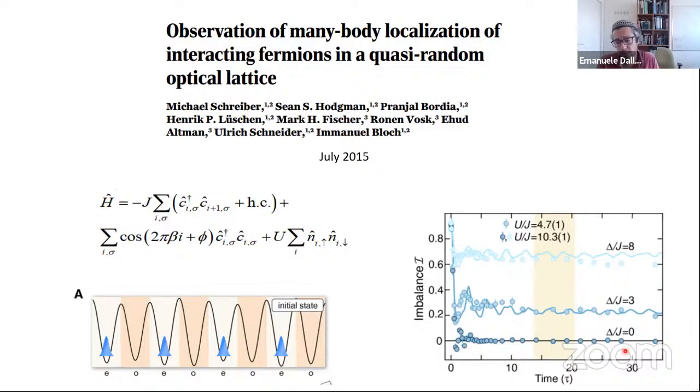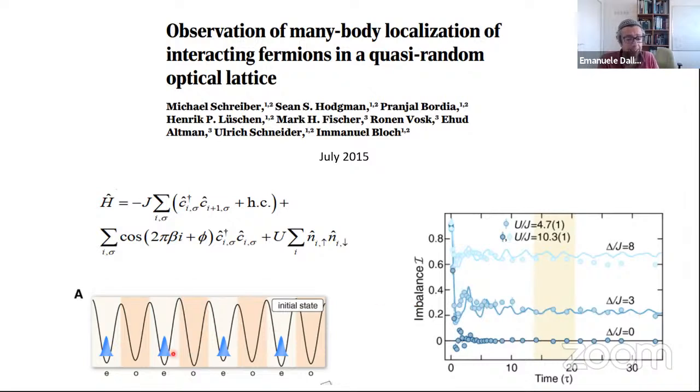Either the imbalance goes to 0. Imbalance goes to 0 means that the particles start running on the entire lattice, and then there is no more meaning of even and odd, and this would be this situation. This is for no disorder. So in the absence of disorder, you see that the imbalance goes to 0. In contrast, for a finite disorder, what happens is that this imbalance goes down but remains finite.